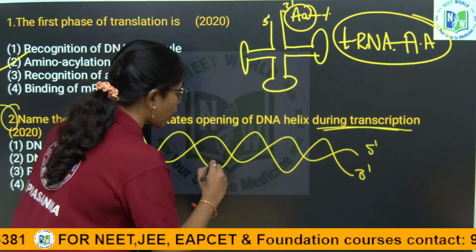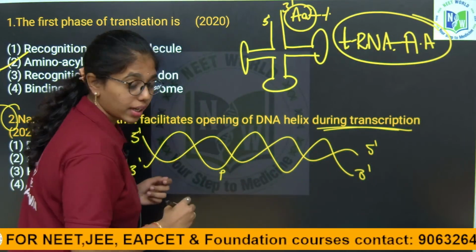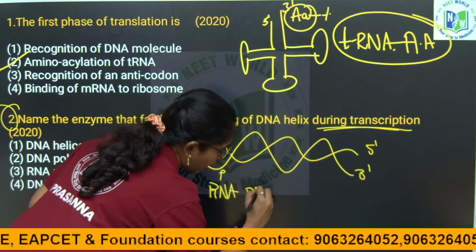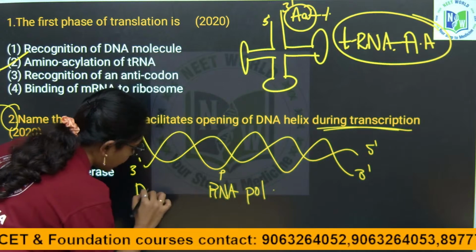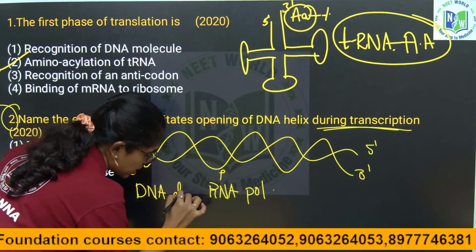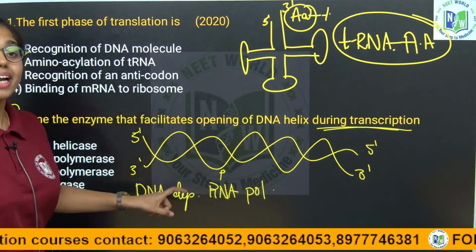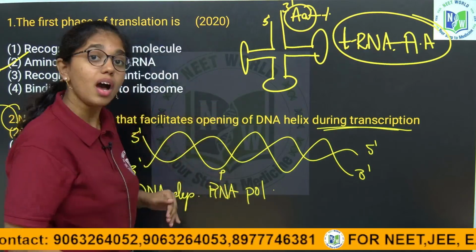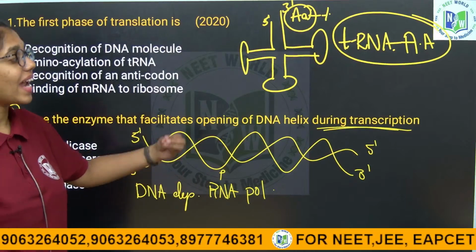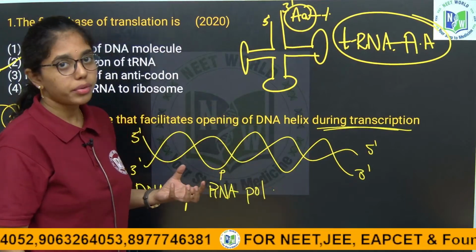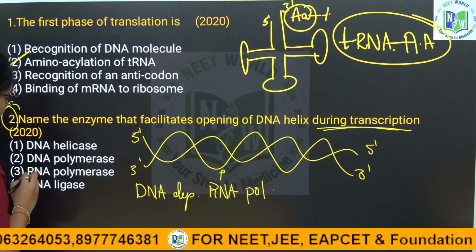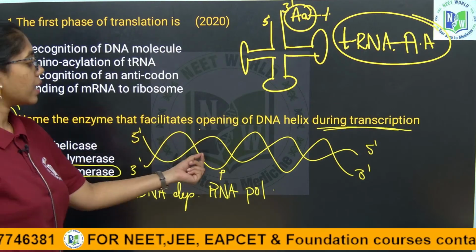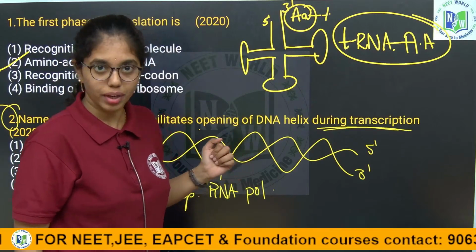At the promoter region, RNA polymerase, which is DNA dependent RNA polymerase, will open the helix and initiate the process of transcription. Clear? So, it is RNA polymerase that facilitates the opening of DNA helix during transcription.